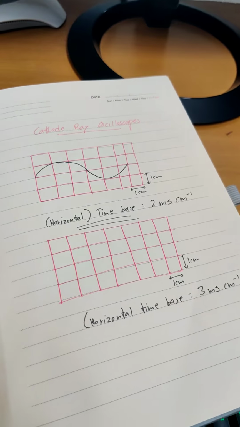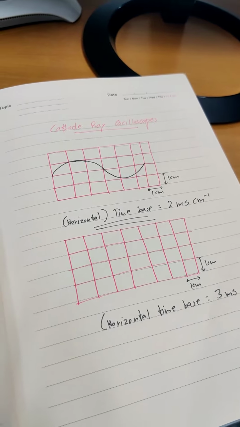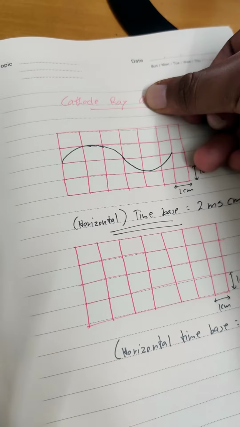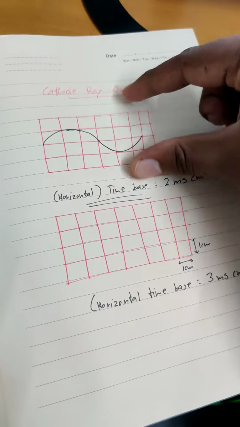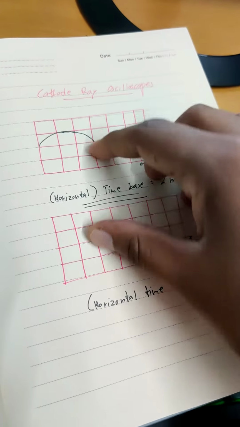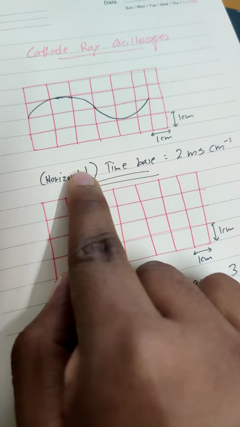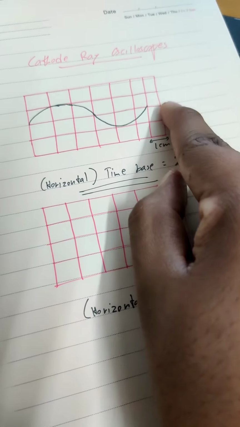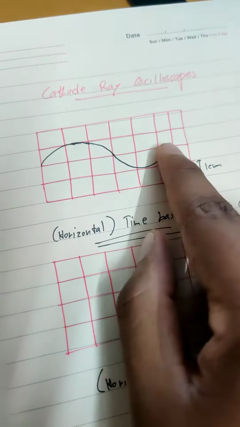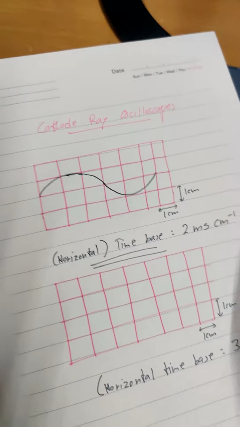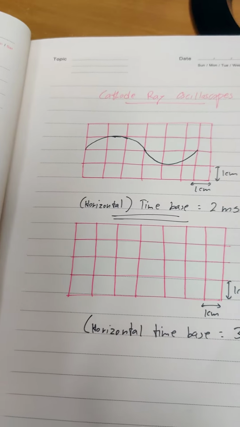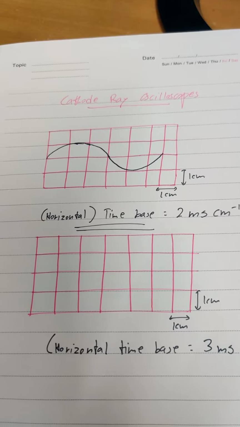Again, fireworks have started. So this is going to be too short because there's not much to it, but the thing about cathode ray oscilloscopes is they're basically screens that display waves, right? Always remember, the horizontal axis is the time base. From the time base settings we find out frequency.